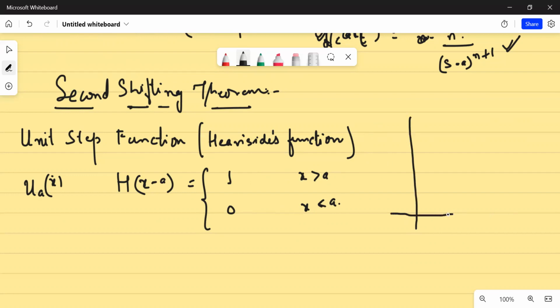So how would the graph look like? If a is greater than 0, then I can make the graph in this fashion.